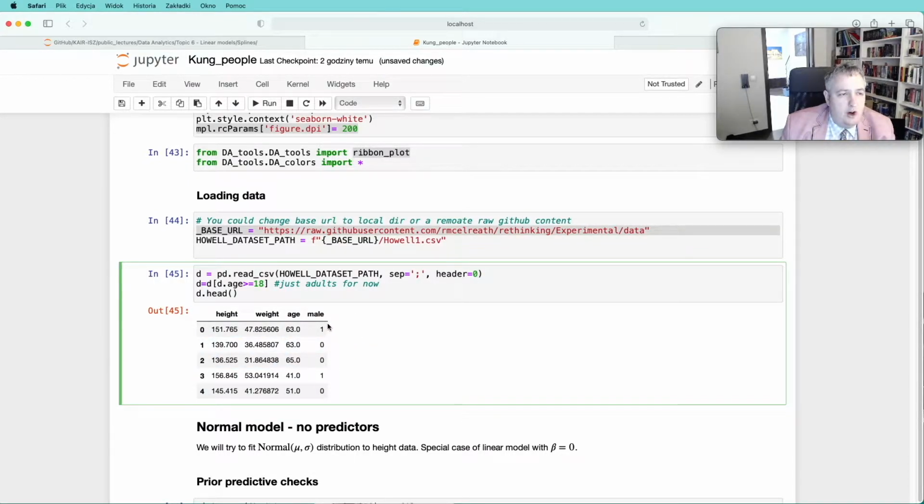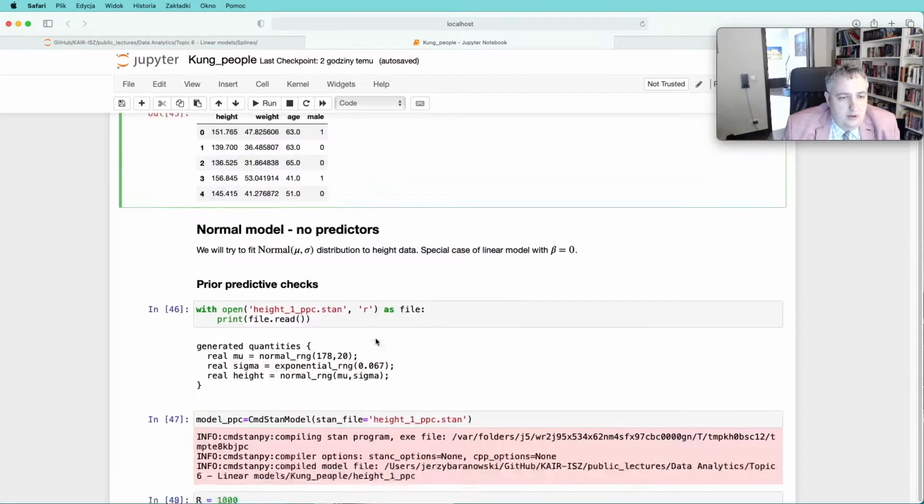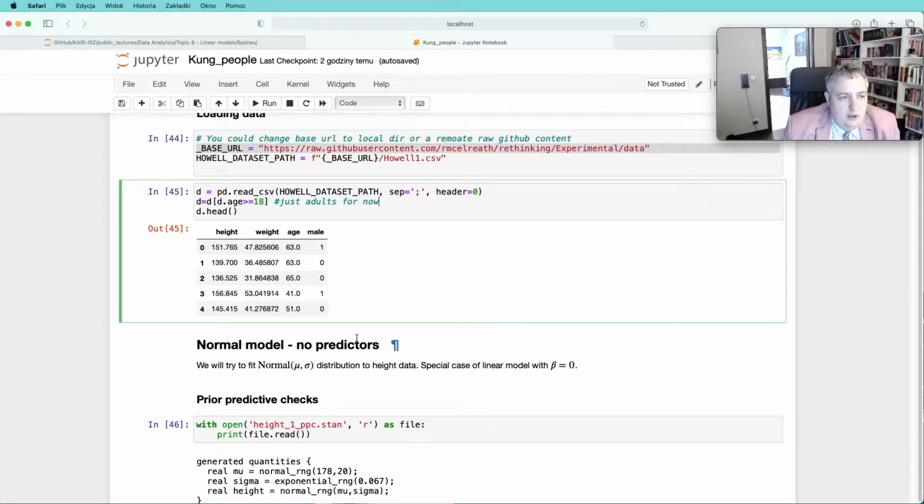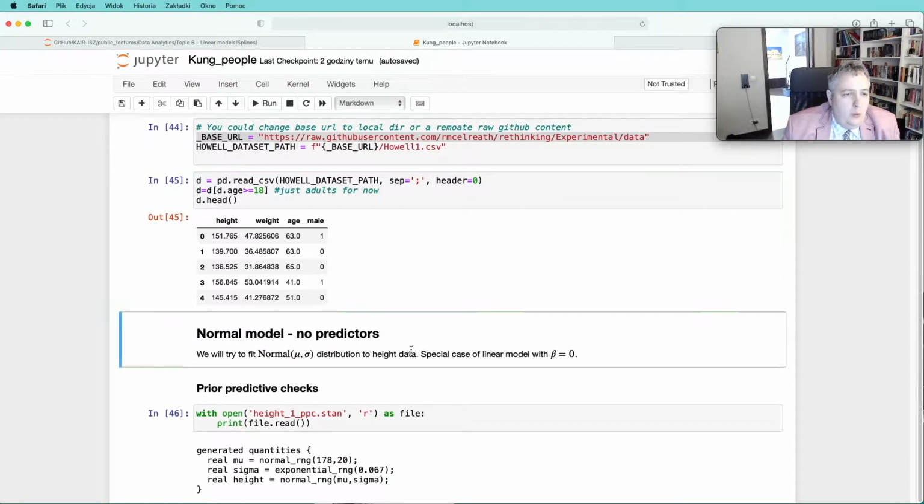We are focusing on the adult population that doesn't have much fluctuation in height in order to analyze it. So this is a filtered data set of around 300 people. What we are doing here, we start by avoiding linear regression at all, and let's just focus on using a normal model.